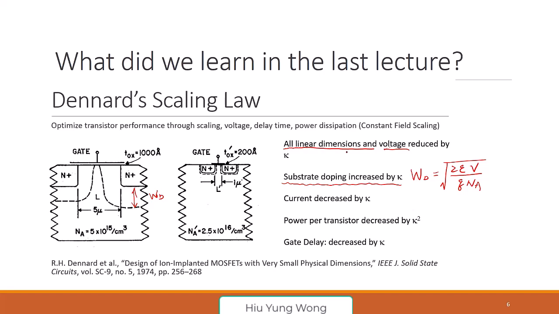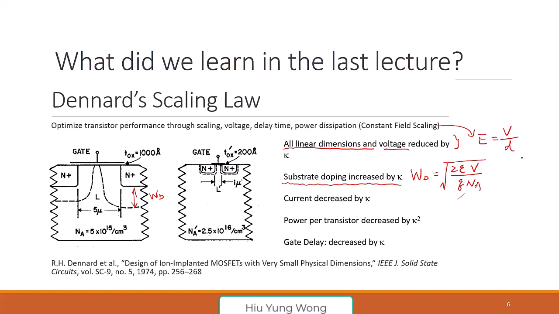I keep using this as an example because if you understand this example, you pretty much understand what Dennard scaling is about. After all, why do we want to do this? Because we want a constant field, E equal to V divided by distance. I reduce the linear dimension and reduce the voltage proportionally, then I have the same electric field.